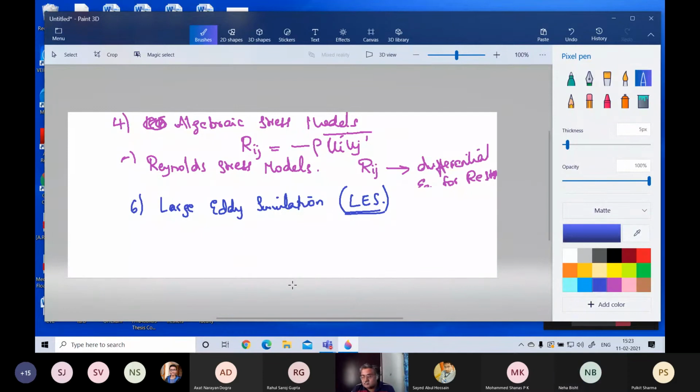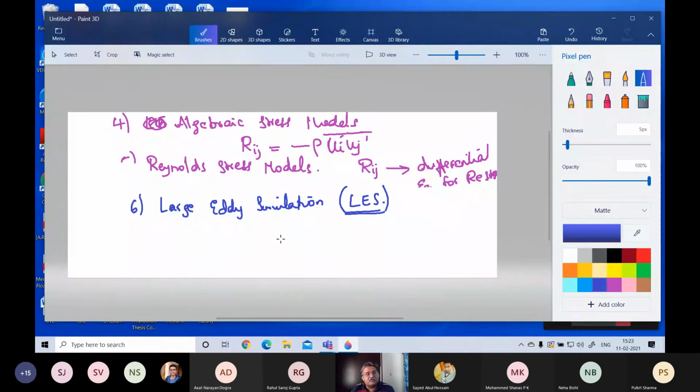So this is known as large eddy simulation. It is one of the later things that have been added. LES is very accurate. What they do is that part of it is modeled and part of it is resolved.